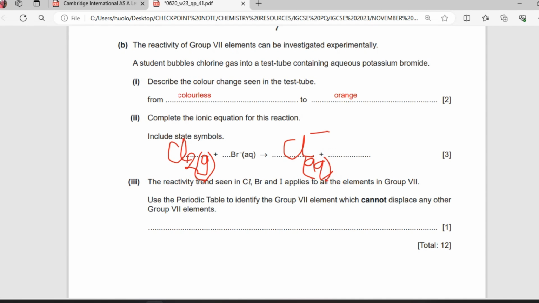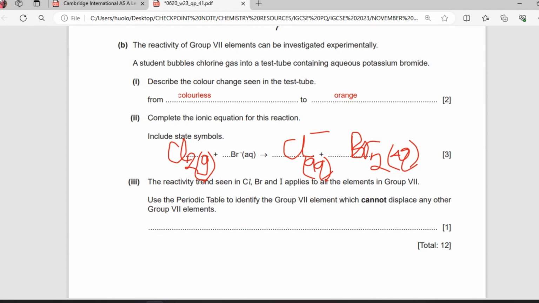So the chloride ion, then the bromine molecule. All group 7 elements are diatomic, and I said before that the bromide ion will be displaced and the bromine will dissolve in water as aqueous. So the state symbol is aqueous.